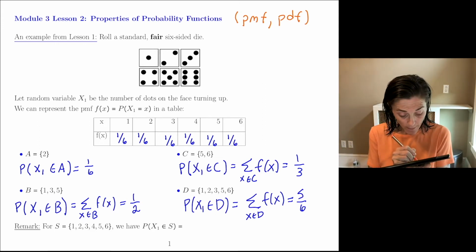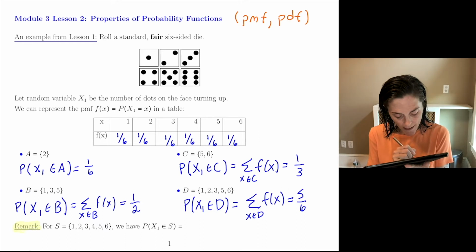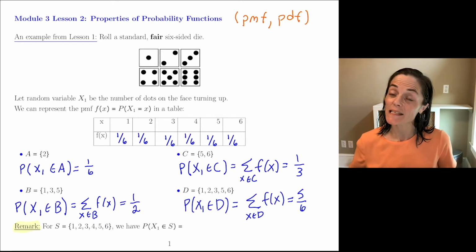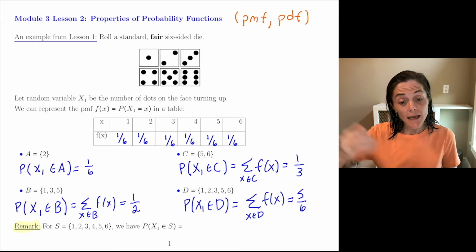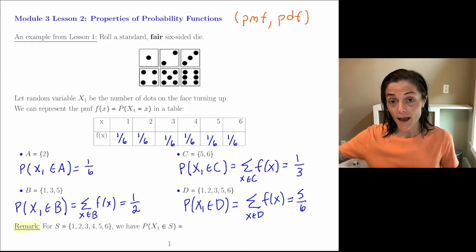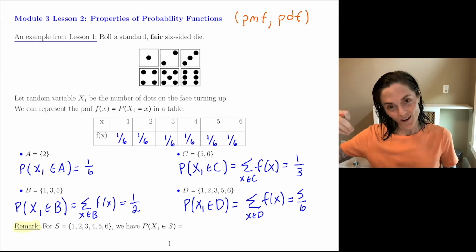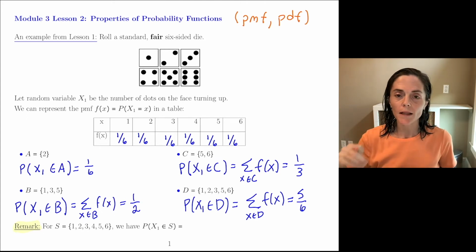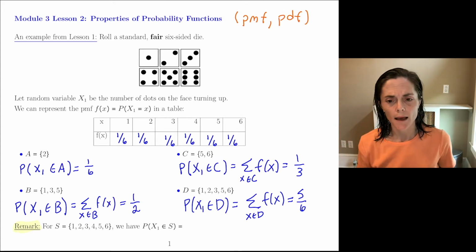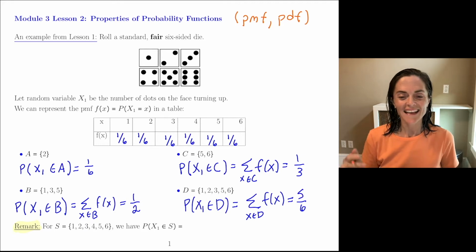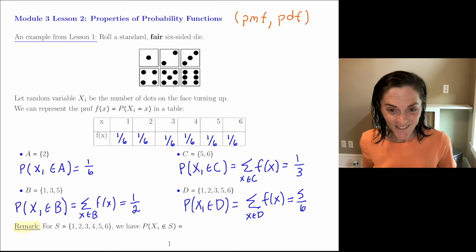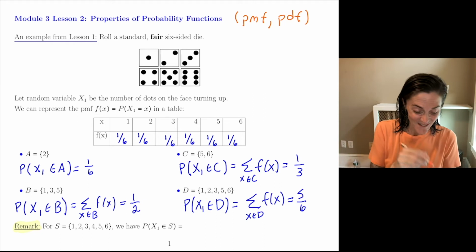Now, as a remark, and this is quite important because we're about to get into some properties very shortly. If you take the entire set S, 1, 2, 3, 4, 5, 6, the probability that the random variable lies in S, well, just add up all of the elements in S. In fact, I'll write this.